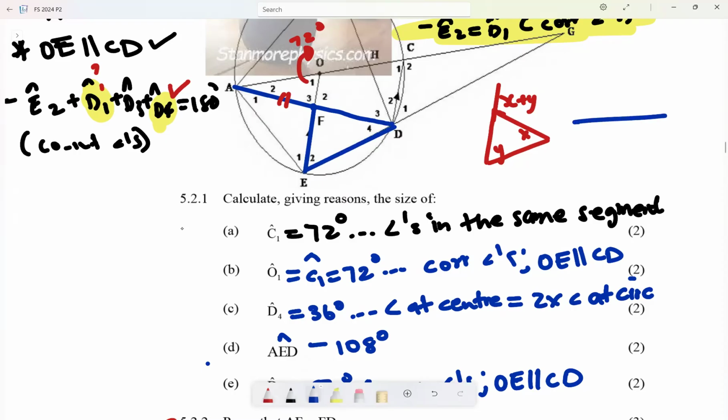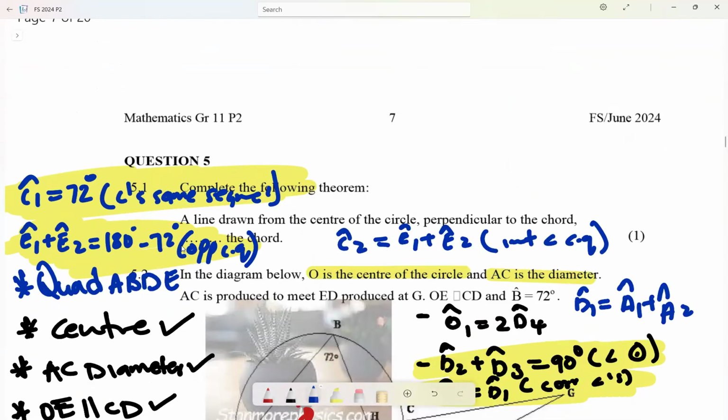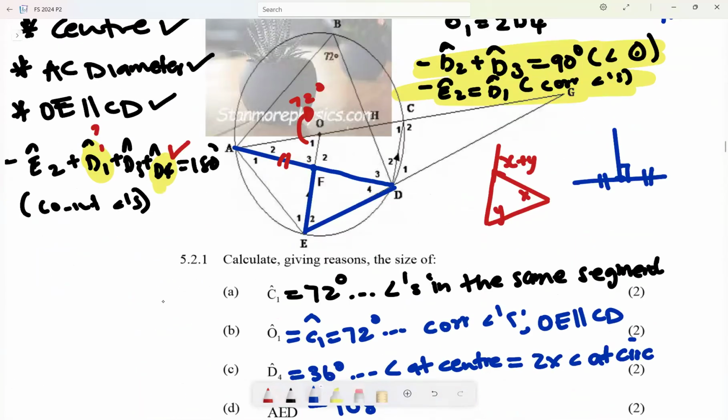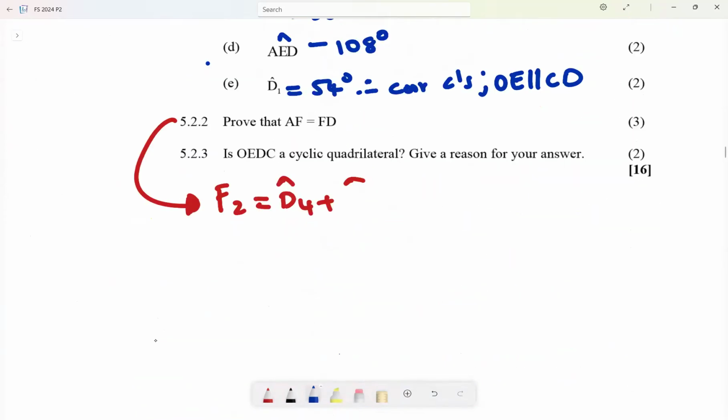Remember, if these two lines are equal, it means whenever there is a line here, that line is perpendicular. Remember the theorem that says if a line drawn from the center is perpendicular, these two lines are equal. It bisects the midpoint chord. So when I extend this line here, can you see? This one and this one is equal to twice this one. This one plus this one is equal to this. So hence I'm saying F2 is equal to D4 plus E2.